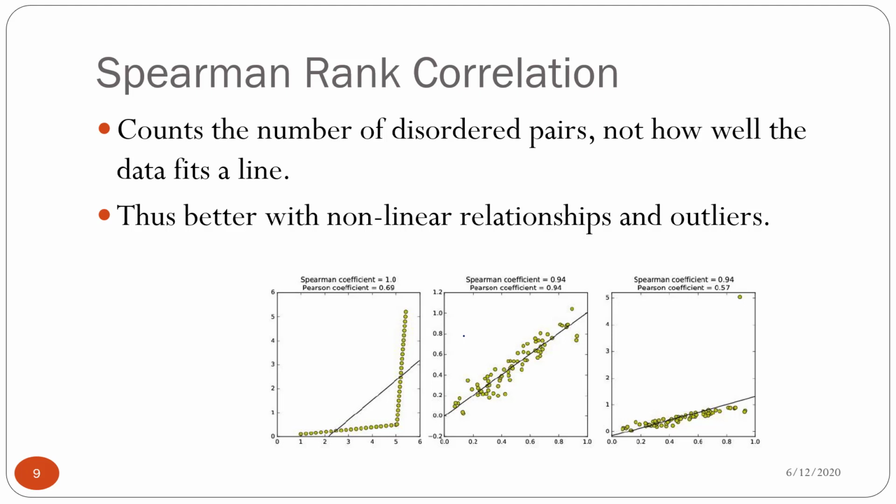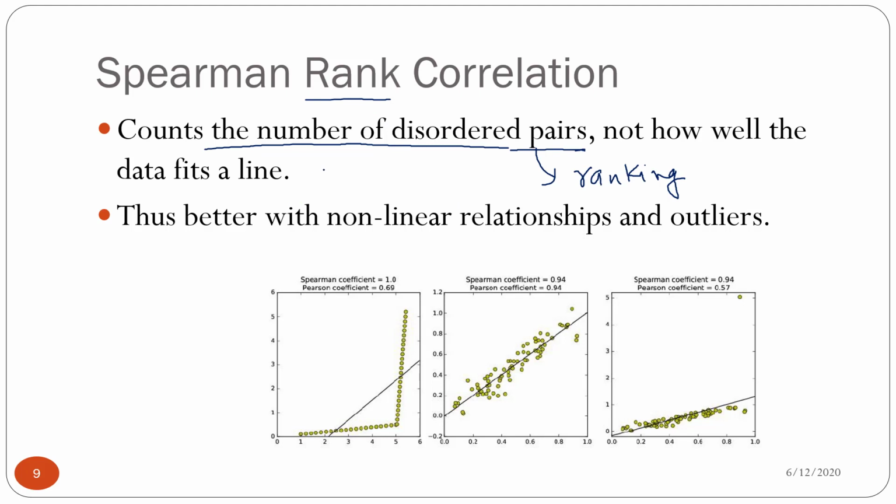Here we have a different concept, where it looks at the ranking. So let me read these points, and then I'll explain how we do that. It counts the number of disordered pairs. Disordered pairs relate to ranking. So we have to do a ranking. That's the reason we call it rank correlation.